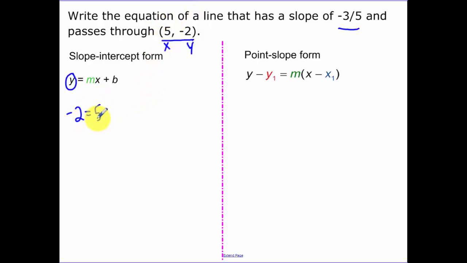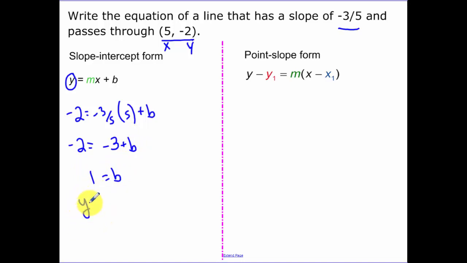My slope is, I apologize, I'm not doing good today, 3/5. My x is 5 plus b. So when I multiply those together, the 5's cancel. And when I add the 3 over, we get a 1.